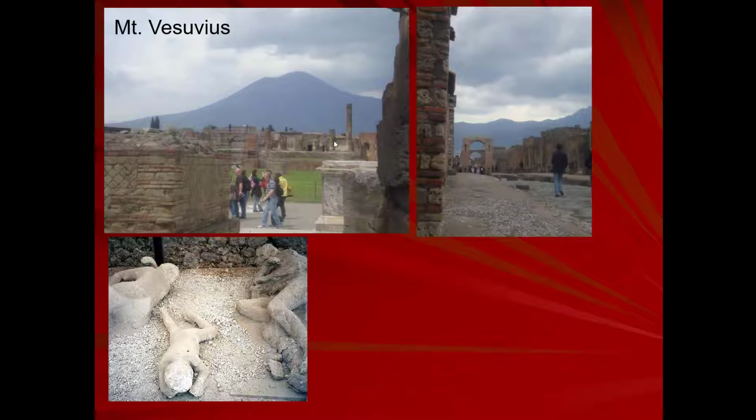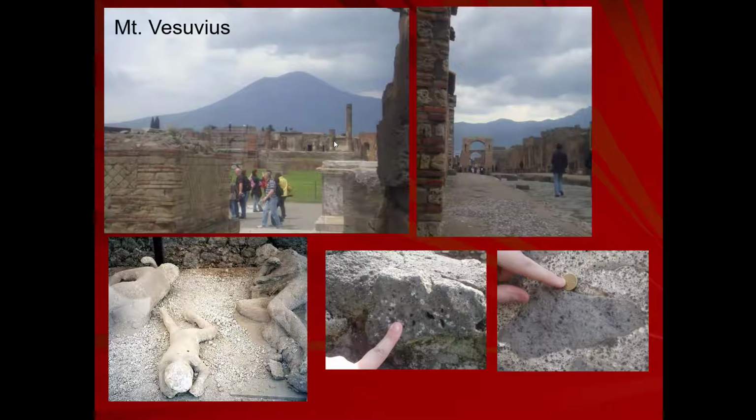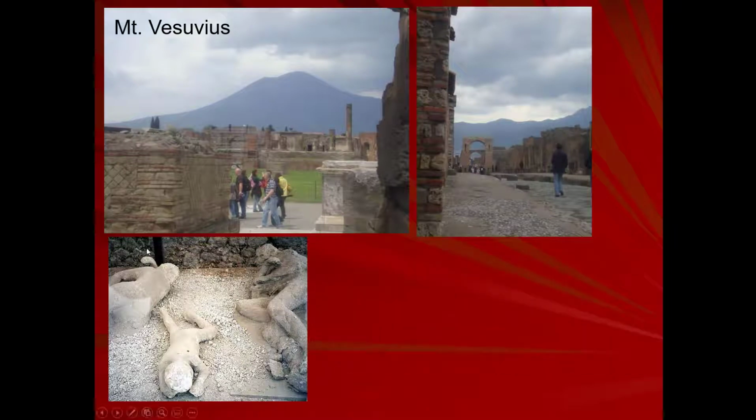Pompeii is very famous for the casts of people who were created after this volcanic eruption. So the people basically saw this huge ash blast come down the slopes of this volcano towards their very large city. There was a city of over 20,000 people 2,000 years ago, and they were buried alive in ash.